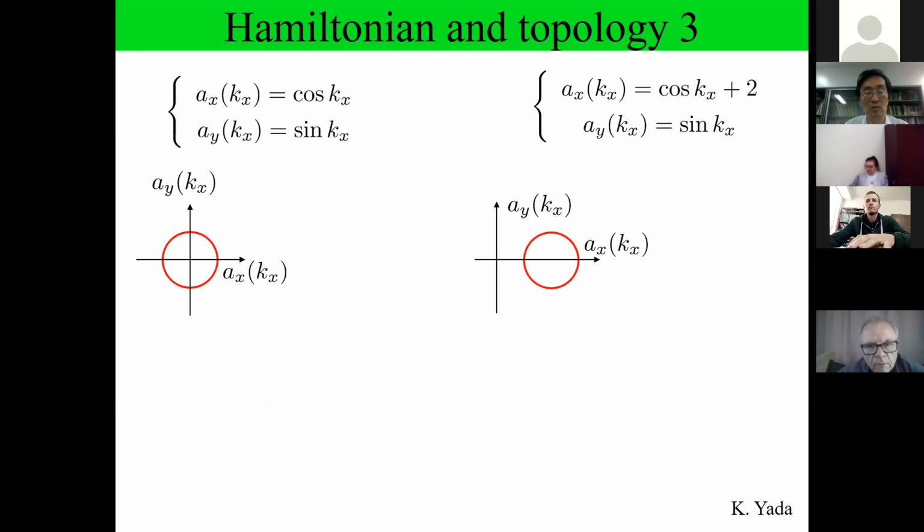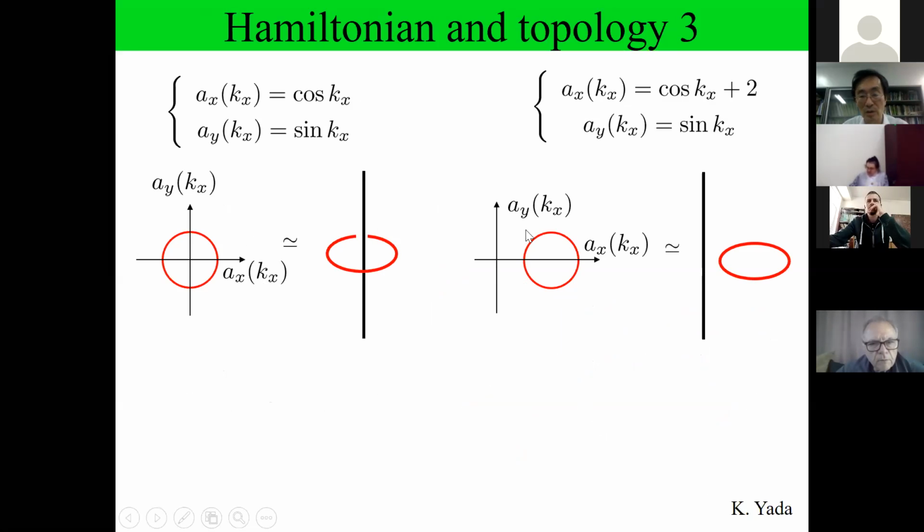So let's look at this situation in a different way. In this case, the left situation can be regarded as that: this circle surrounds z equals 0. On the other hand, this circle is located like that, on the z-axis, for example.